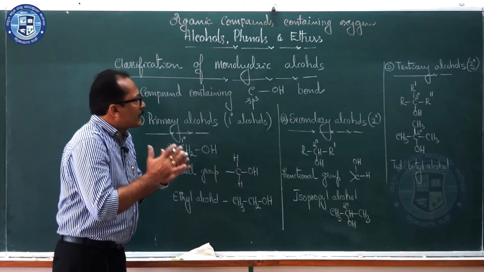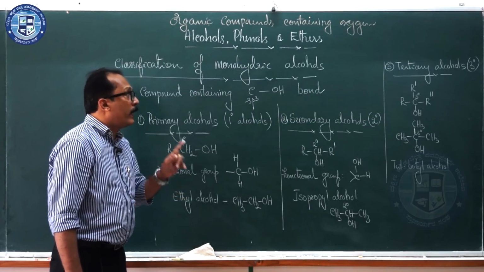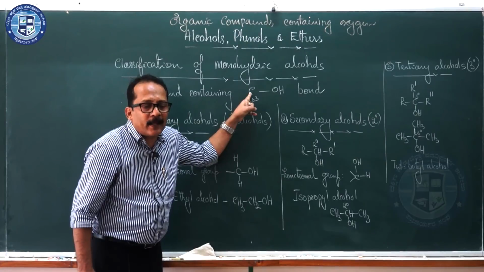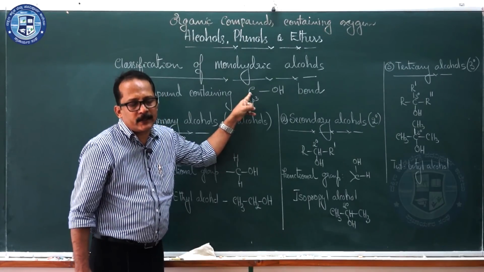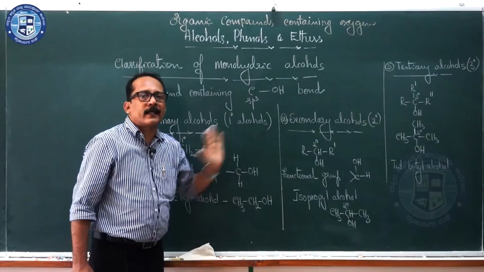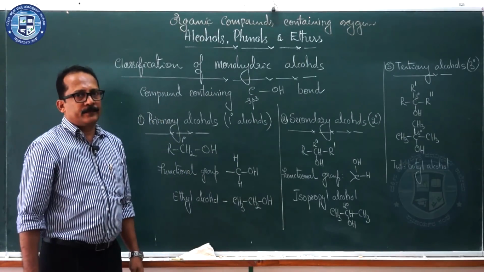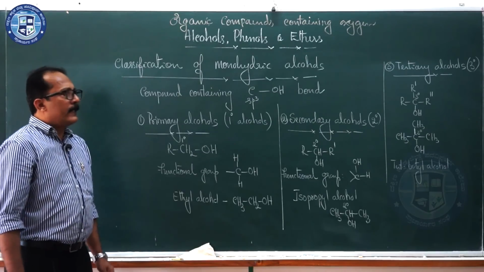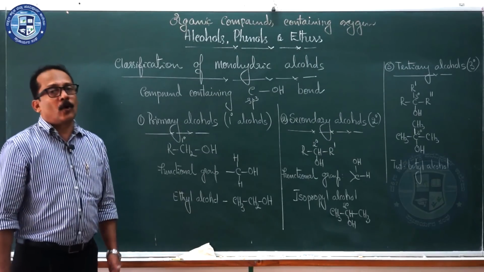So this is about the classification of monohydric alcohols, where the OH group is attached to an sp3 hybridized carbon atom. Now, the next one is about allylic alcohols.